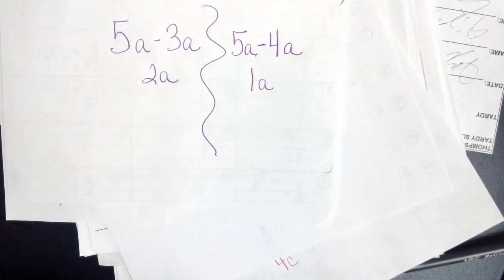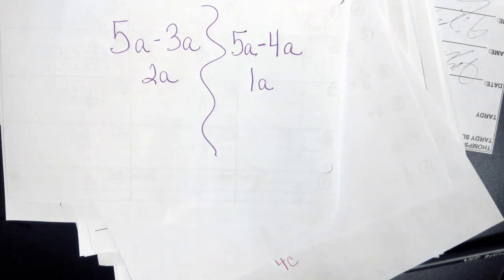But here's the key. I want you to think about it. 1 times a is a. 1 times 7 is 7. It is always the other number. So if I were to give you a math problem that had 5 times 1, would you just leave that on your paper?